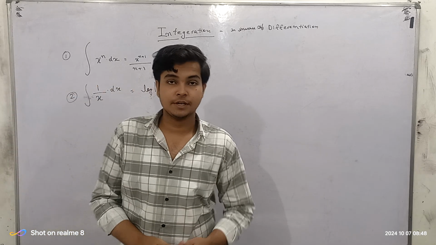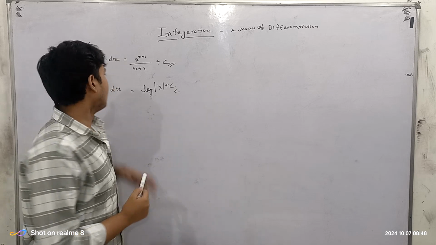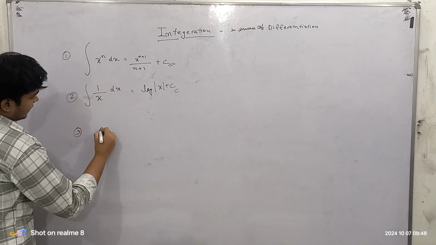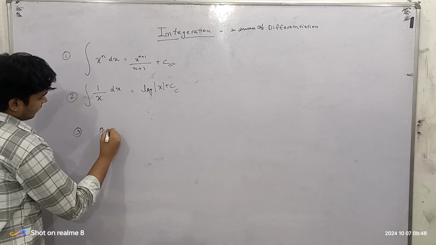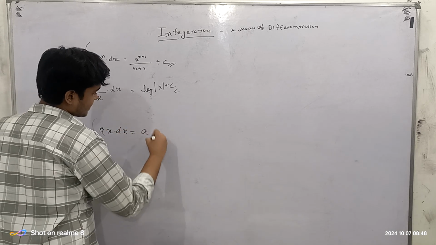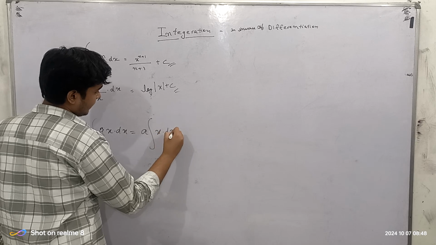Now one type of question can also be given where there is a constant value with x. For the integration of a x dx, the constant comes outside the integration and we then integrate x.